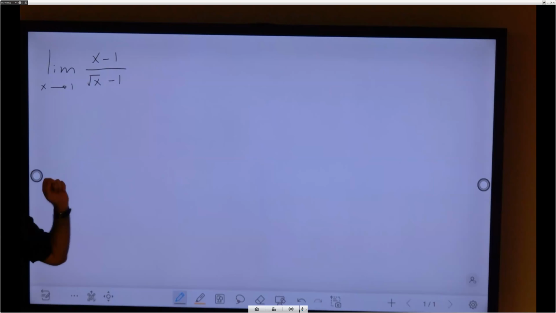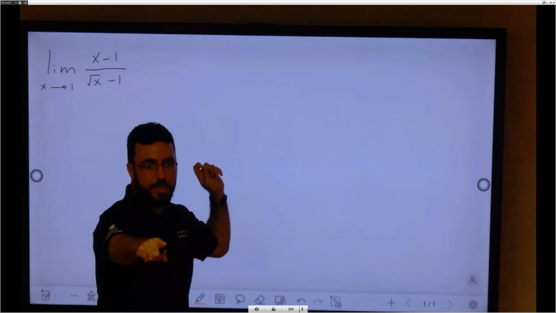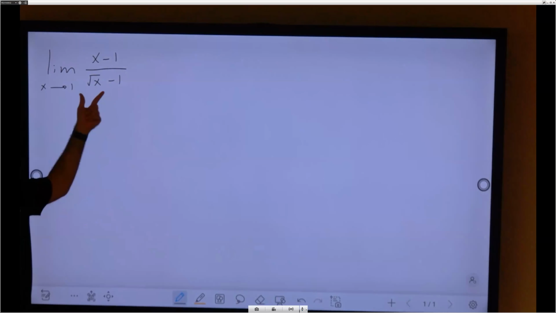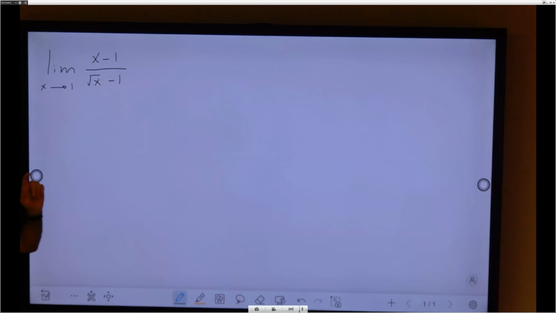One of you said, would it be the conjugate? Which is rationalize. So every time you see you can't factor it, that means I'm going to think about rationalize, okay? This is the first point. The second point, if you can't factor it and when you plug in it's going to be 0 over 0, think about the conjugate.